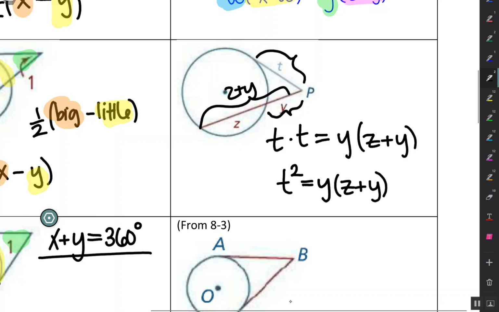So I think of this as the tangent piece squared equals the outside times the whole.